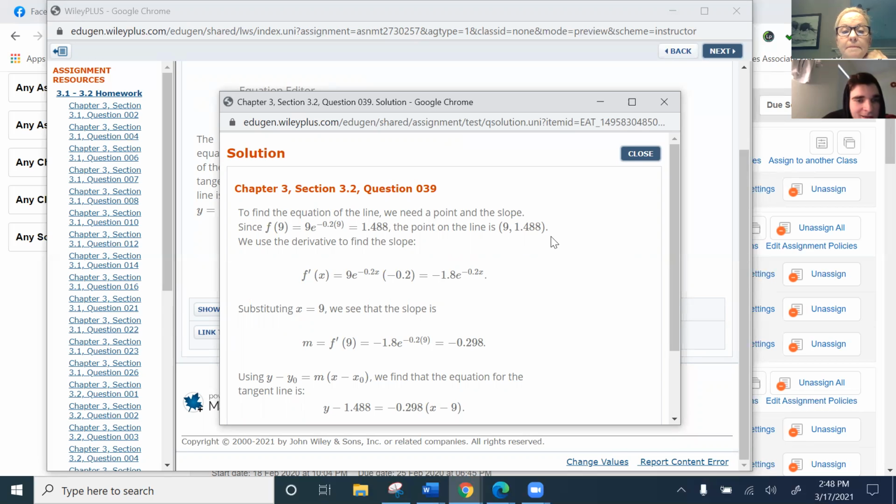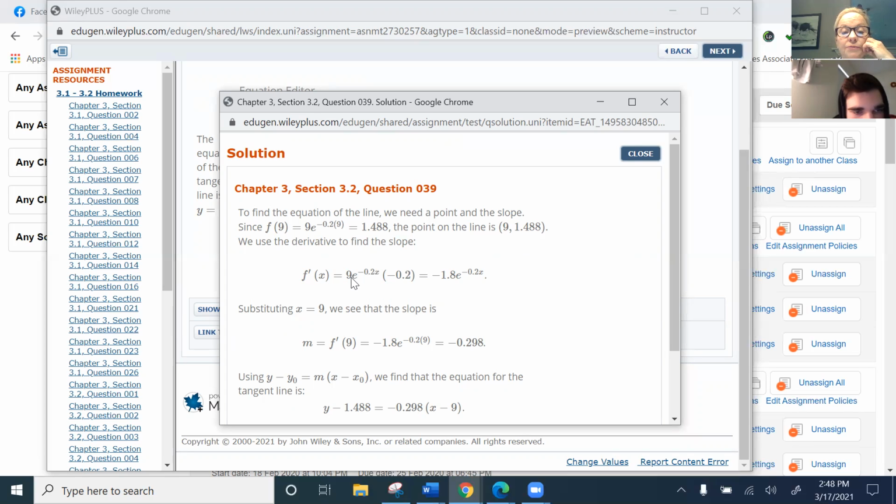And that E is Euler's, right? Yeah, E is, yeah. Okay. It's not just a variable. Yeah, it's E. Okay. So now we have a point. All we need is the slope. First here, we're finding the derivative of this function.